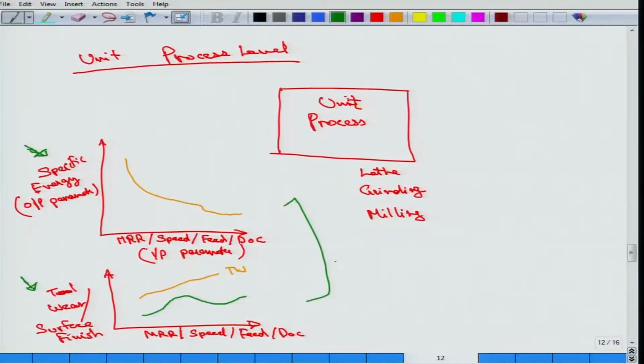So, in the forthcoming sessions, we will do lab demonstrations and show you how we conduct experiments on this unit manufacturing process.